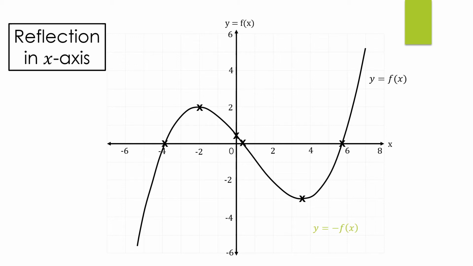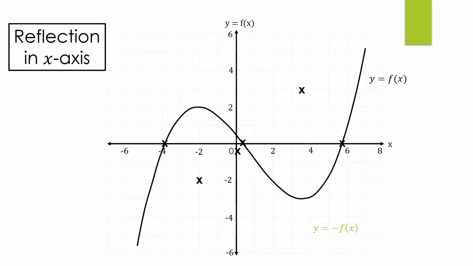Our (-2, 2) is going to become (-2, -2), because we're reflecting that maximum turning point to become a minimum turning point of our related curve. Now, we're going to move our y-intercept down from (0, 1/2) to (0, -1/2).